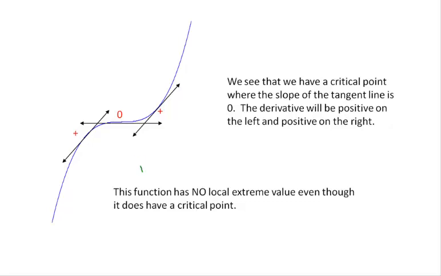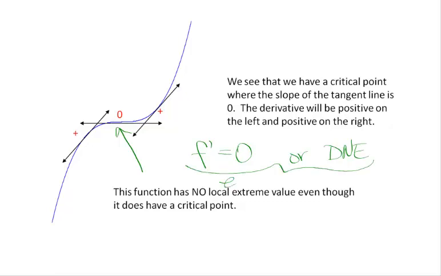So, as a clarification point, just because your first derivative equals 0 or even does not exist does not mean that you will have an extreme value. You need to understand that these are candidates where extrema can occur. It doesn't say does occur.